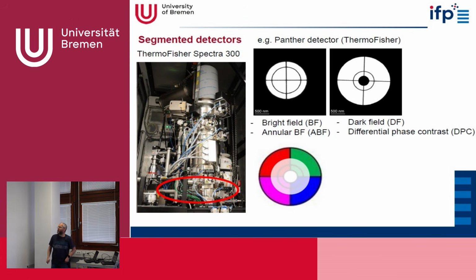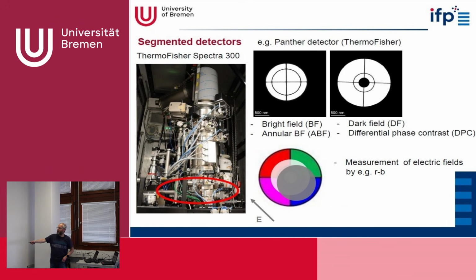If we put the beam symmetrically on it, each of these segments will get the same intensity. But what happens if we have an electric field in the specimen? For example, the electric field points in this direction. The electrons will be deflected slightly, and that means the detector will see a different signal, red minus blue.